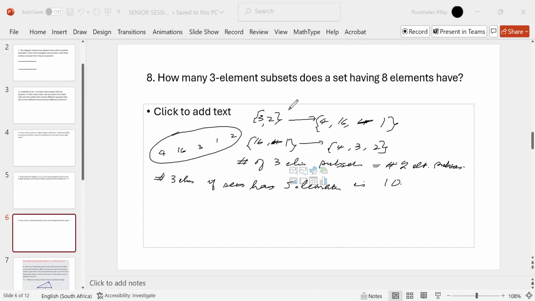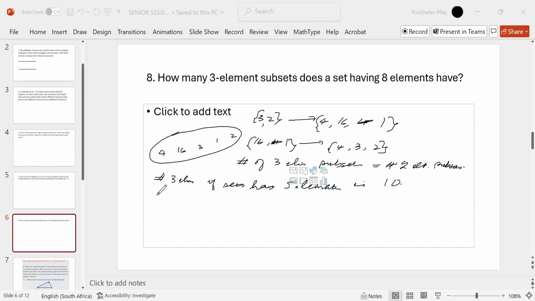Okay, but if you got 8 elements, that's not going to be that easy now. See? Okay, suppose I had 8 elements. Let's take the same problem here.